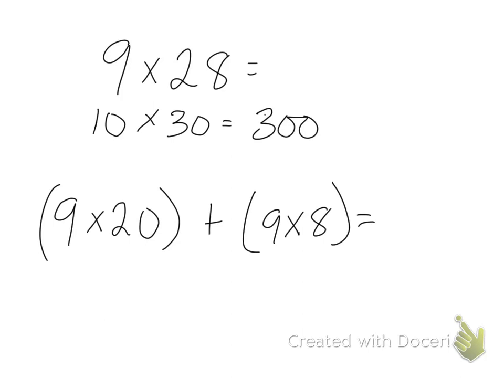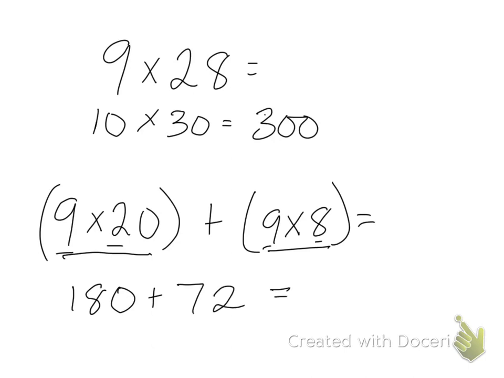All right, let's find the actual answer. So 9 times 28 we can split into 9 times 20 plus 9 times 8. 9 times 20, 9 times 2 is 18 and add a 0, plus 9 times 8 is 72. So 180 plus 72.